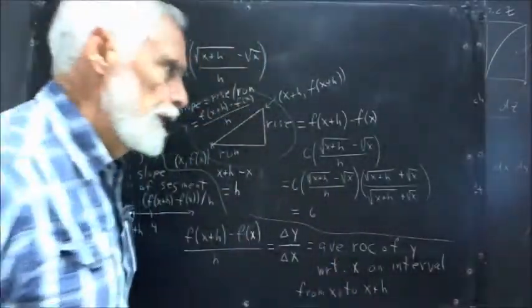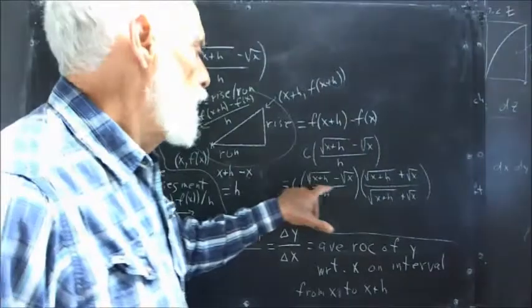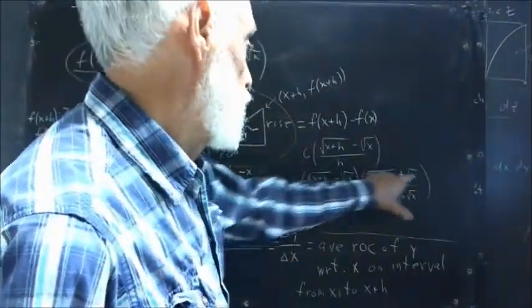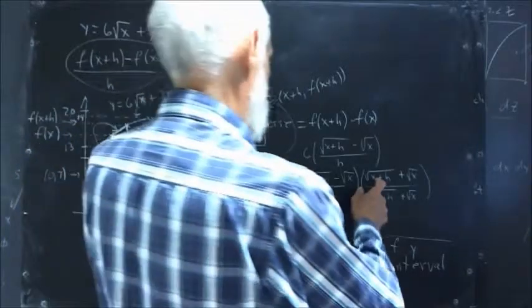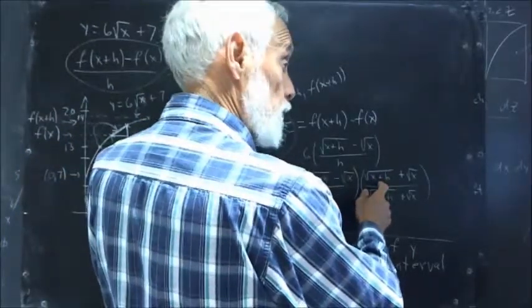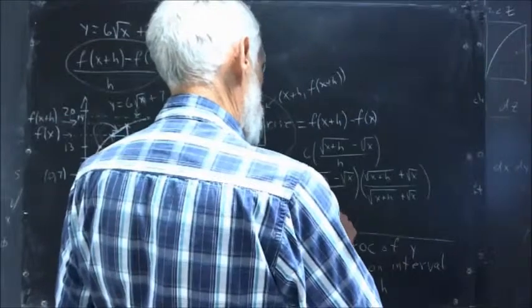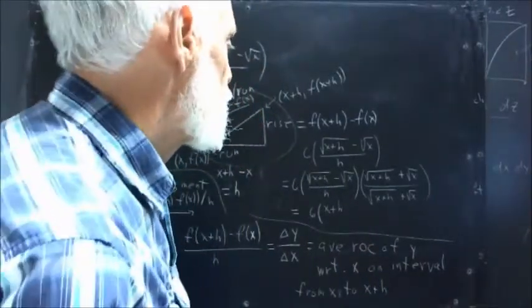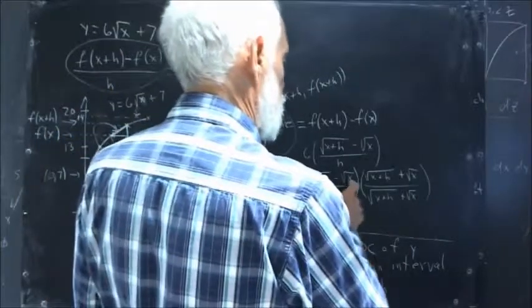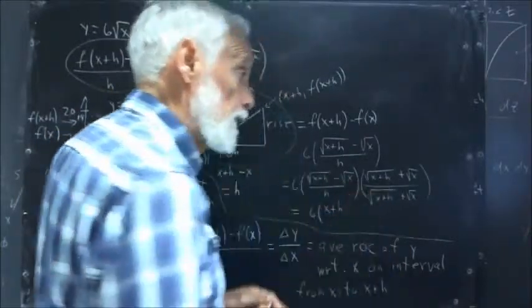what I get is 6 times, okay, if I distribute this multiplication of the numerators, I get the square root of x plus h times the square root of x plus h, which is just x plus h. Then I get minus the square root of x times the square root of x plus h.